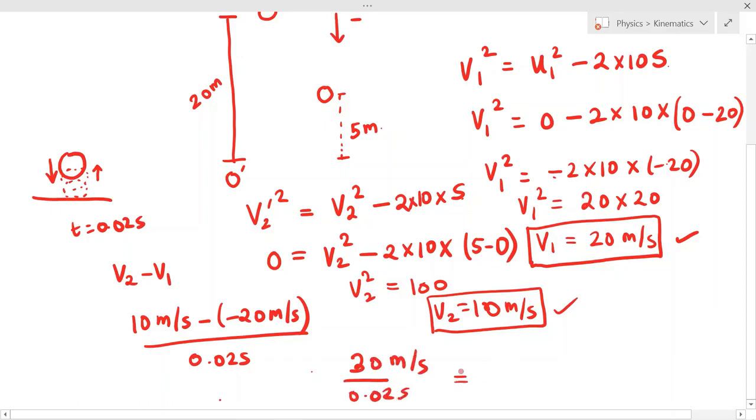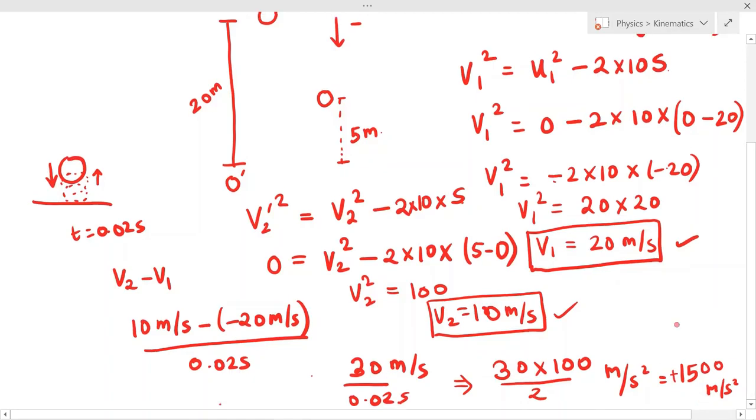This becomes 30 into 100 divided by 2 meters per second squared, which is 15,000 meters per second squared. No, sorry, 1500. It will be 1500 meters per second squared. This is the acceleration, and it is positive, and hence it is in the upward direction.